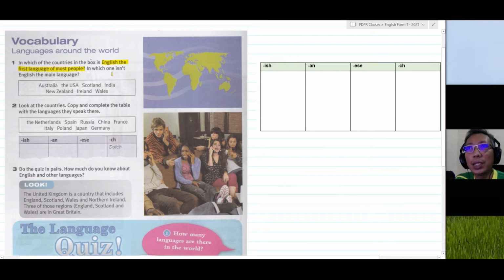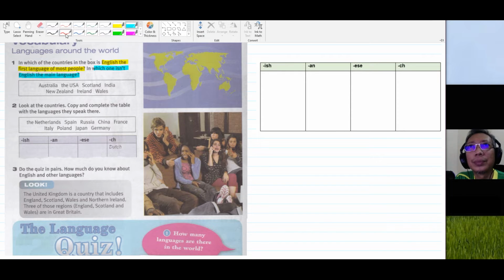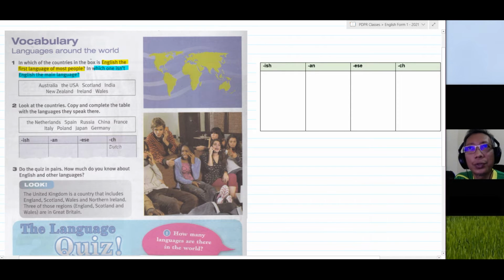In which one isn't English the main language? Okay, you have Australia, the United States of America, Scotland, India, New Zealand, Ireland, and Wales.